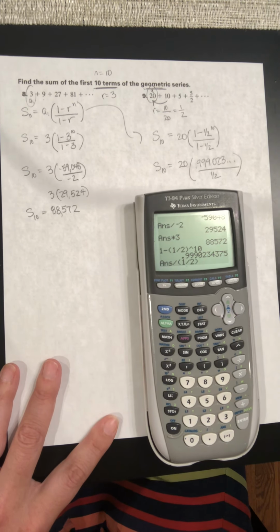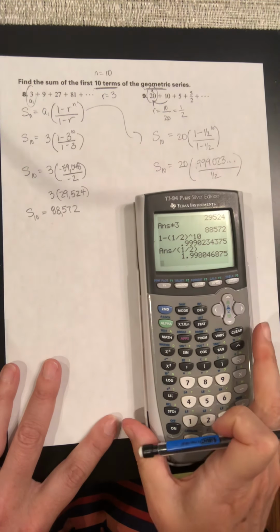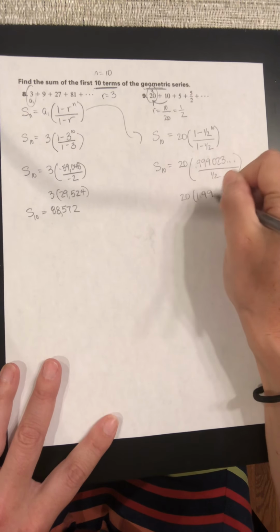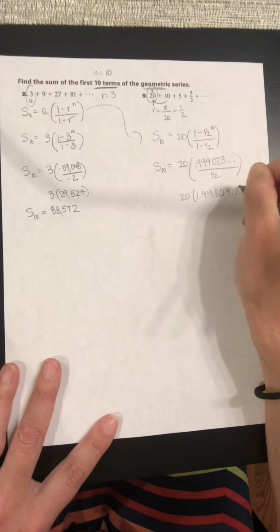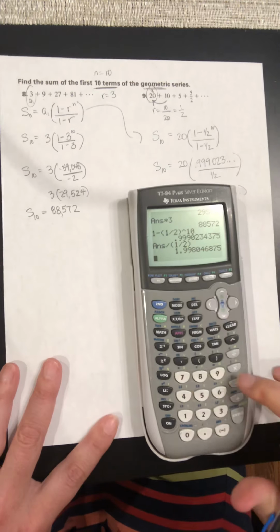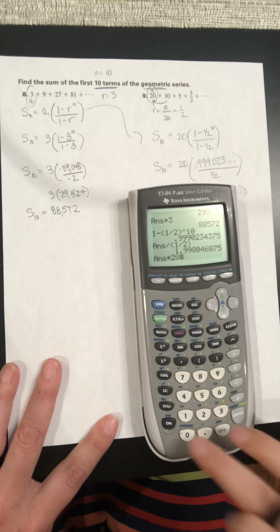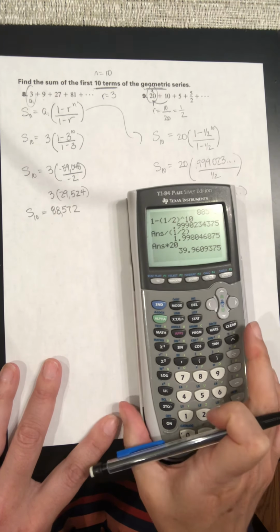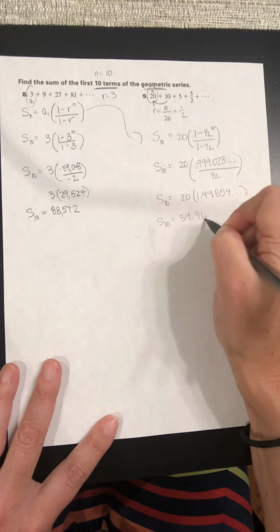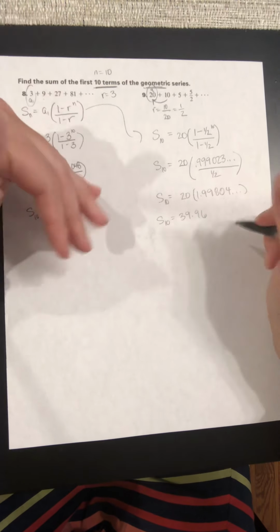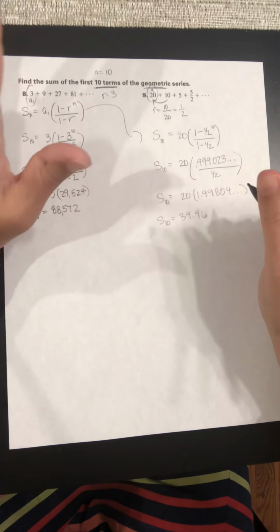Again, you could be using 0.5, that's fine. I get 1.99804, don't round. Leave it there, and then I take that and multiply by 20. So then my sum is 39.96. Wow. So that's about what the decimal would be.